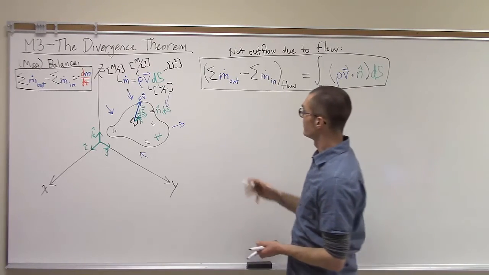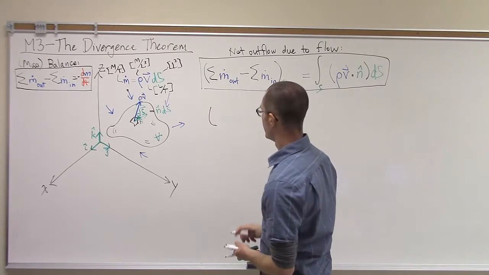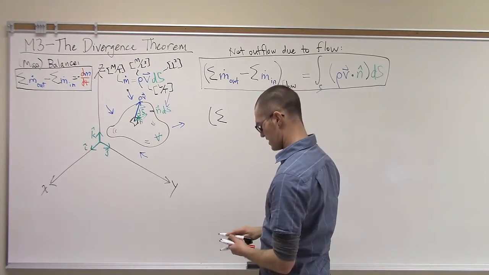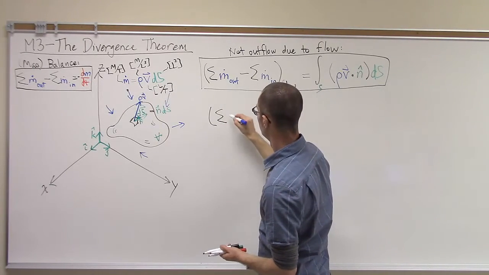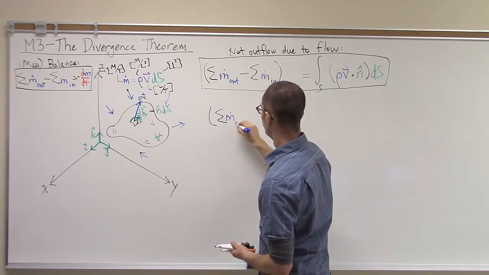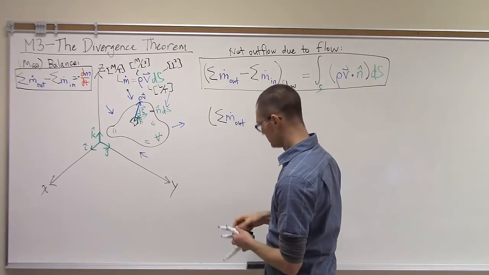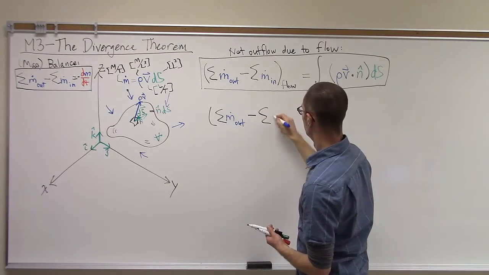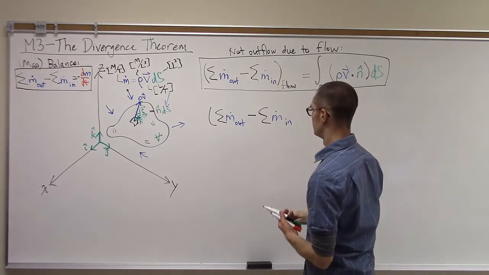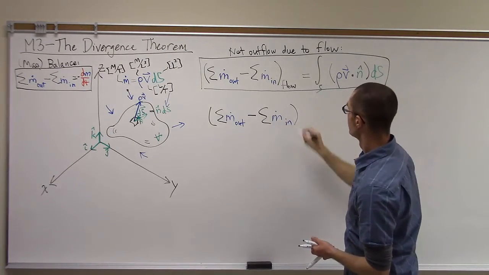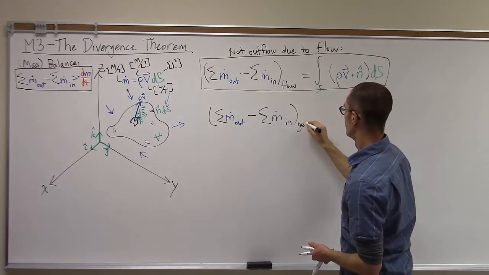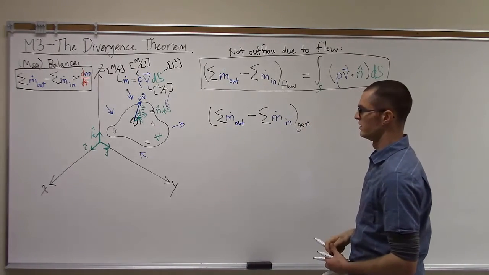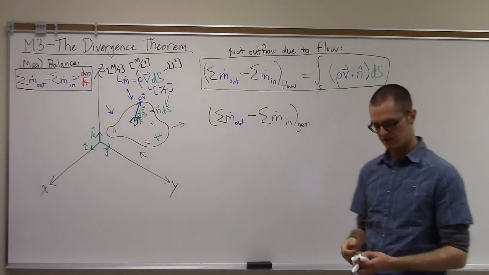So another component of mass flux into or out of the volume, I'll write the same thing here again, m dot out minus m dot in, from mass generation is due to a source or a sink within the volume.